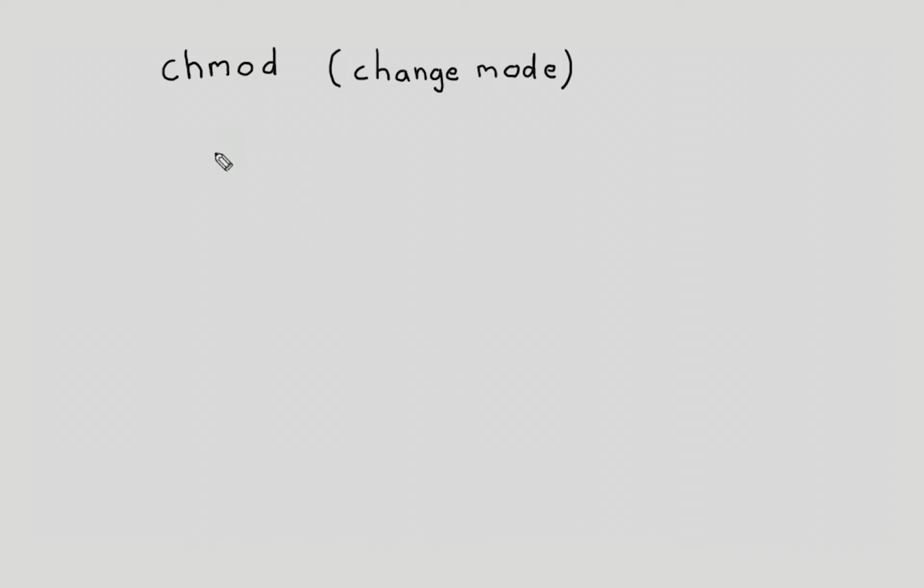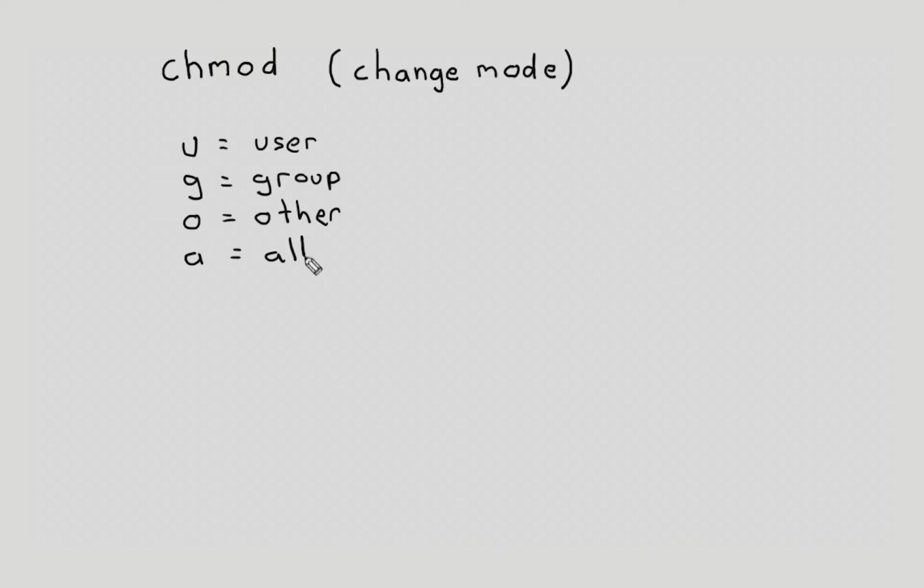You start off with either a U for the user, a G for the group, or O for other, or a for all, which means user, group, and other.